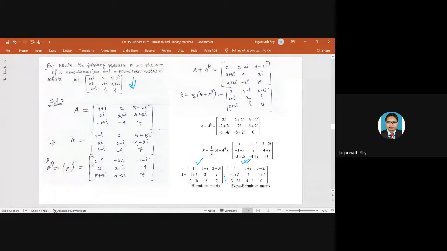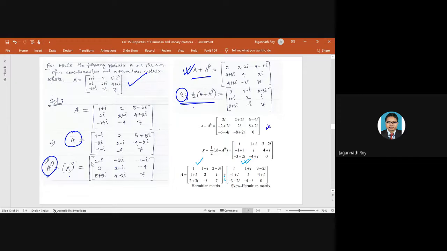If we have a matrix A, then we take a conjugate, and after that we take A theta, the conjugate transpose. Then we write A plus A theta and multiply by half, or divide by 2. Then the matrix is called the R matrix.